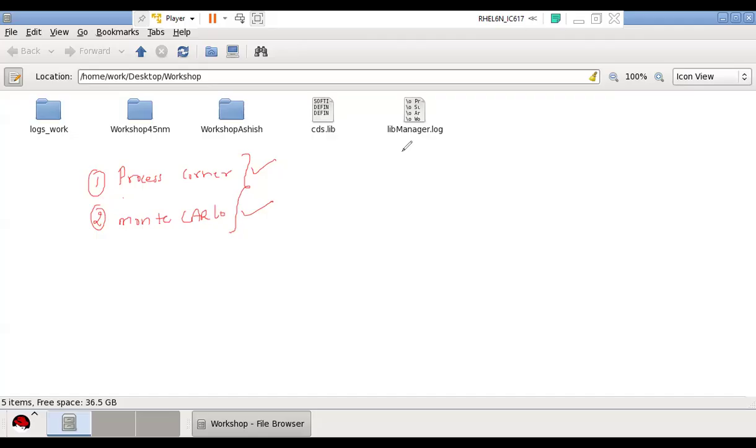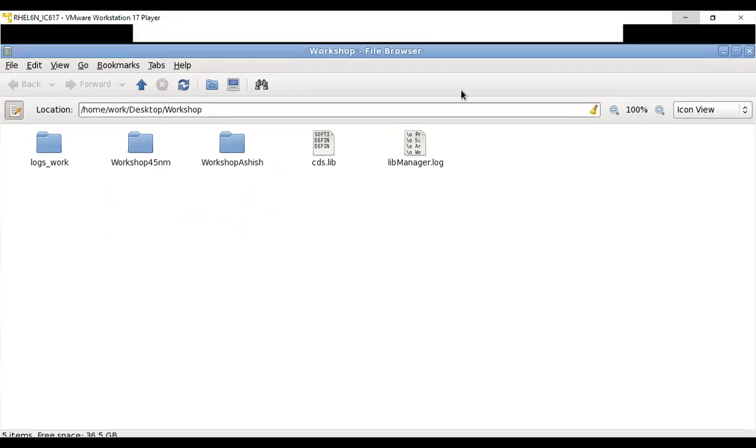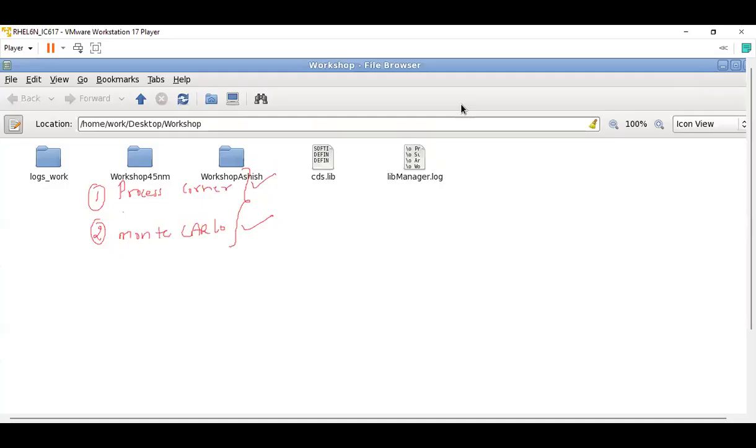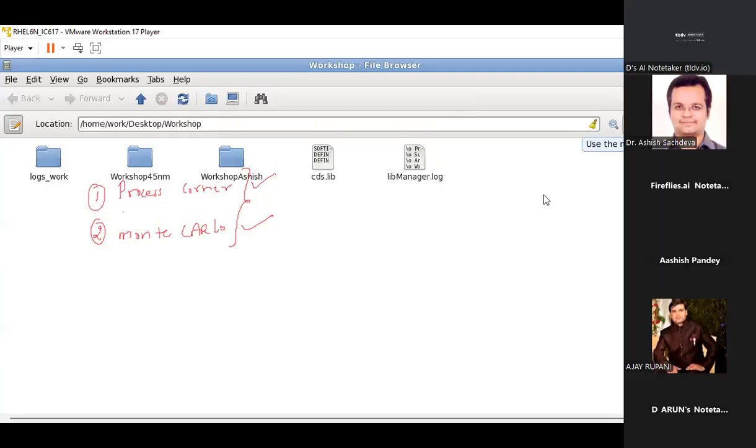I'm sure most of you know what a Monte Carlo simulation or process corner simulation is. If you don't know, we can do the experiment first, then I can let you know. If you all know what these terms are, then I can explain the theory part, because the theory part is more important in this case. Practical, most of us know how to do that.